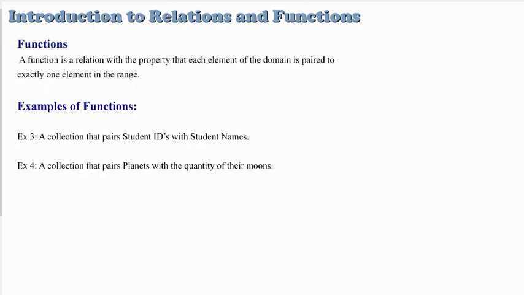If the input values are not unique and they're being reused, then it is a relation. So a function is a special kind of relation with the property that each element of the domain is paired to exactly one element of the range. Some examples are a collection of student IDs with student names. The student ID must be unique. The student names, there could be multiple students with the same name, and that's okay.